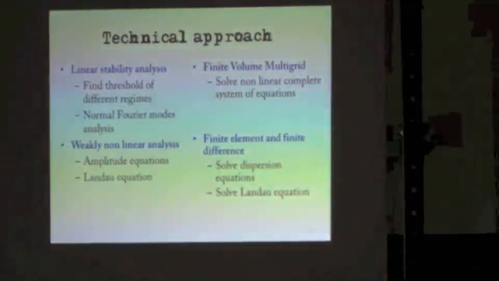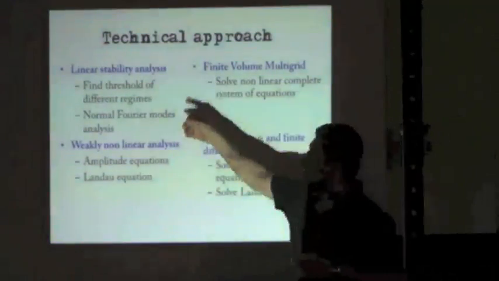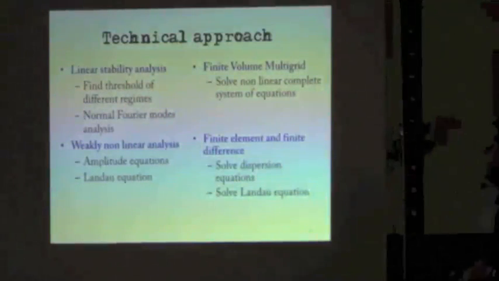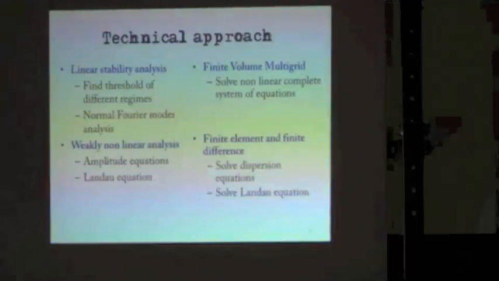Technical approach to solve the problem of the Darcy-Navier-Stokes equation coupled with concentration and temperature. We have two approaches. Analytical approach, linear stability analysis: to find the threshold of different regimes, we use normal Fourier modes, and in some zones we use weakly nonlinear analysis, essentially amplitude equations and the Landau equation.